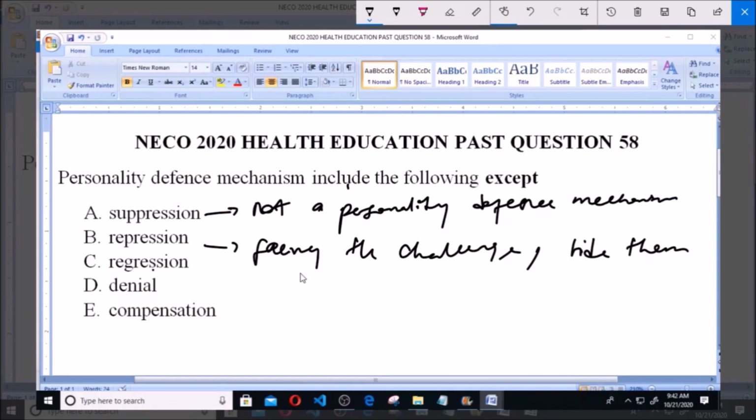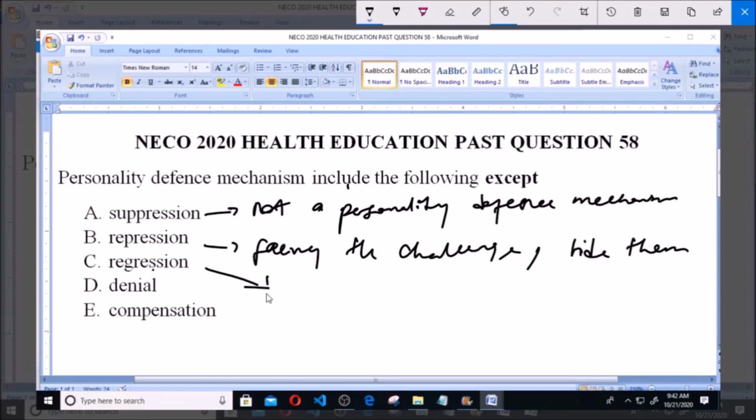Now option C says regression. In regression, one tries to escape unconsciously from problems or painful experiences by regressing. That is, by unconsciously moving back to one's earlier stage of development. Take for instance a child.